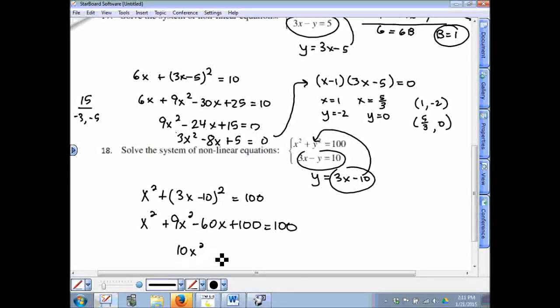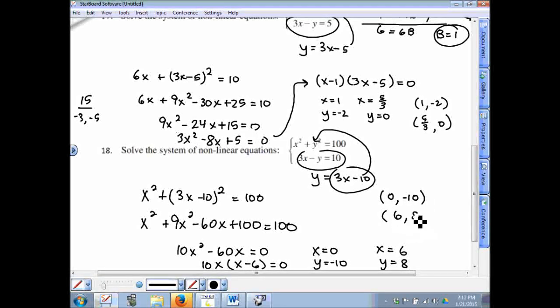So combining some like terms, and factoring out a 10x, we get x is equal to 0 and x is equal to 6. Well, if x is equal to 0, 0 minus 10 means that y equals negative 10. If x is equal to 6, 3 times 6 is 18 minus 10 is 8. There you go.